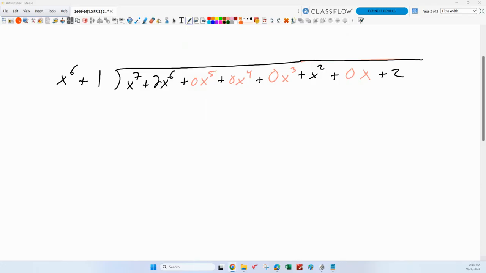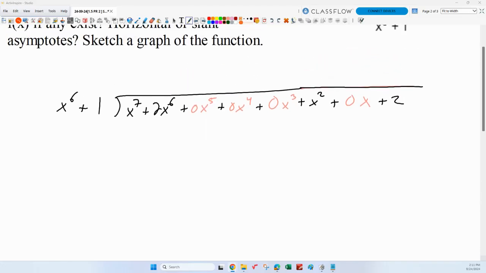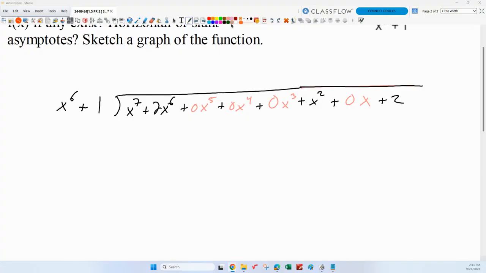So essentially, we're just asking leading term inside divided by leading term outside, which means leading term on top divided by leading term on bottom, right? So that gives us, if we do that, what? We get x to the 7th over x to the 6th gives us x, right? And technically I probably should put that clear over there. Doesn't really matter. But we'll put it in the x column.